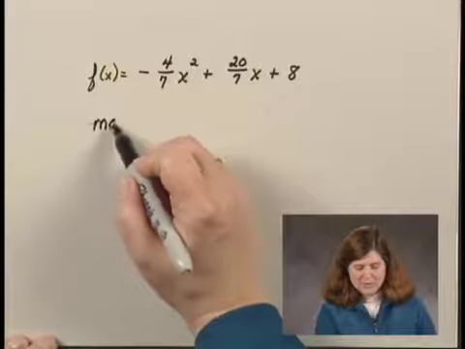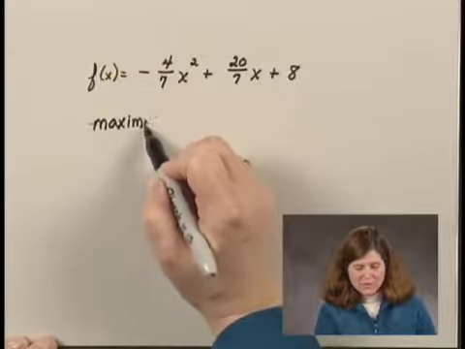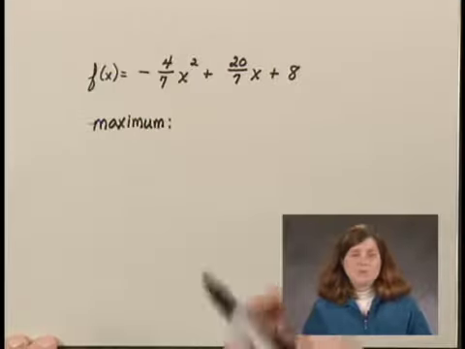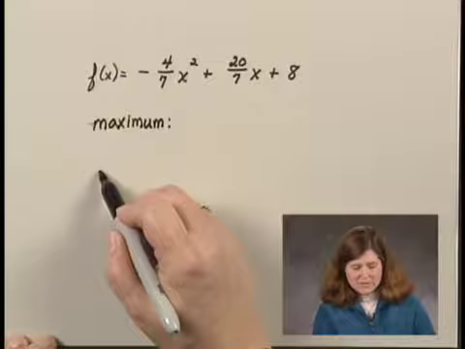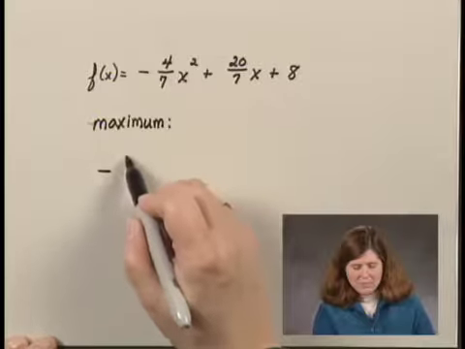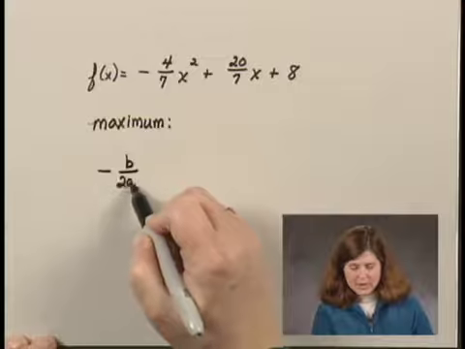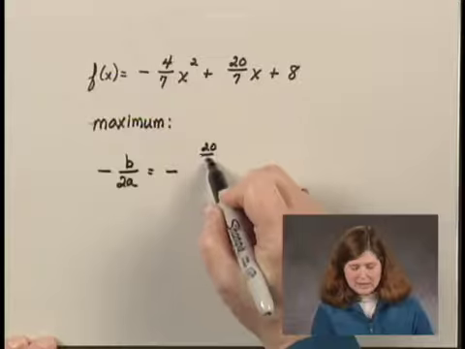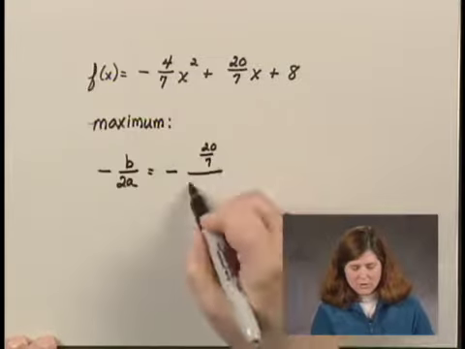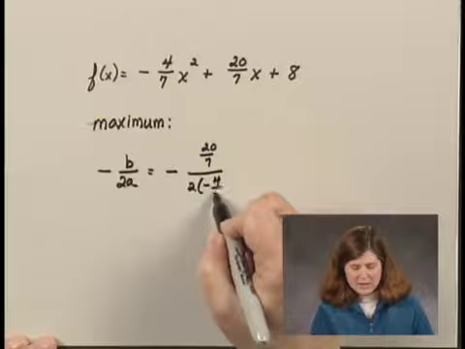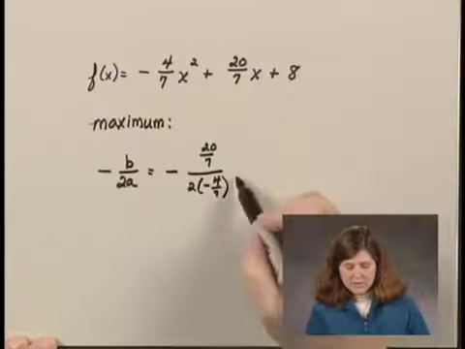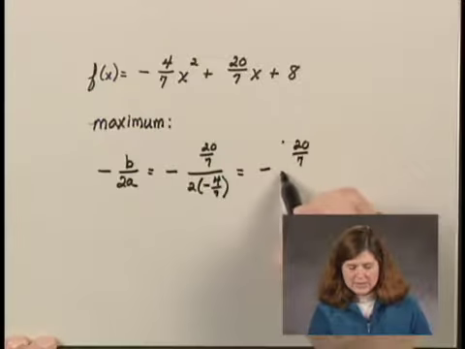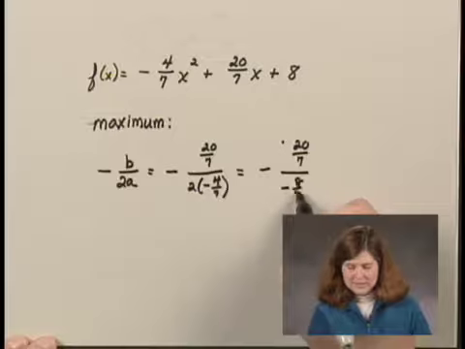So to find that maximum function value, we will find the coordinates of the vertex of the parabola. To do that, we remember that the x-coordinate of the vertex can be found by the opposite of b over 2a. In this case, that would be the opposite of 20/7 over 2 times -4/7, which is the opposite of 20/7 divided by -8/7.